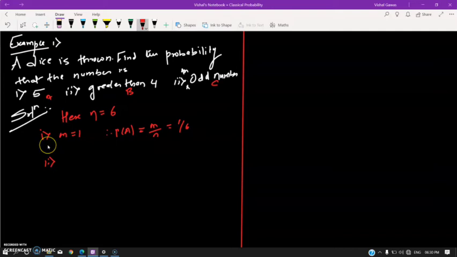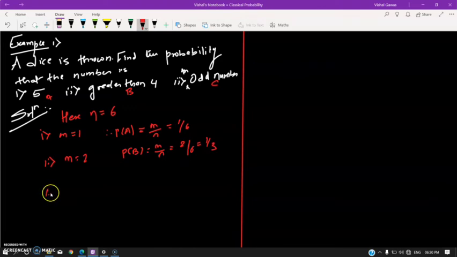Similarly, let B be the event of getting a number greater than 4. Then the numbers greater than 4 in this set would be 5 and 6. So in that case m is 2. Therefore, probability of B would be m over n, which is 2 over 6, which is 1 by 3.